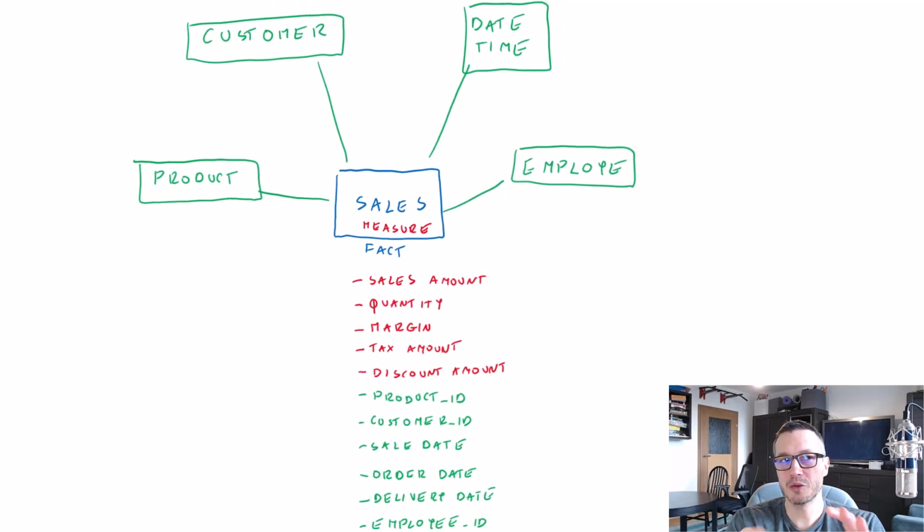So you should already start to see the pattern. In a central place, we have our fact. In this case, it is our sales, which indicates something that happened, something that you want to measure. And there are also various dimensions that surround our fact that give a context.